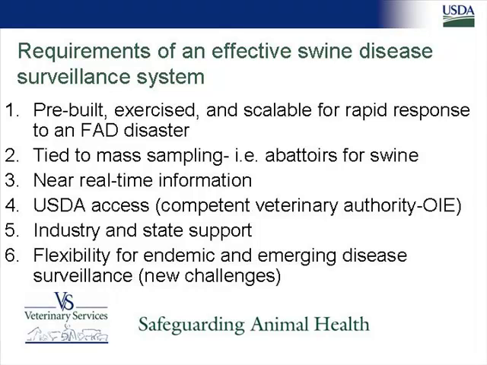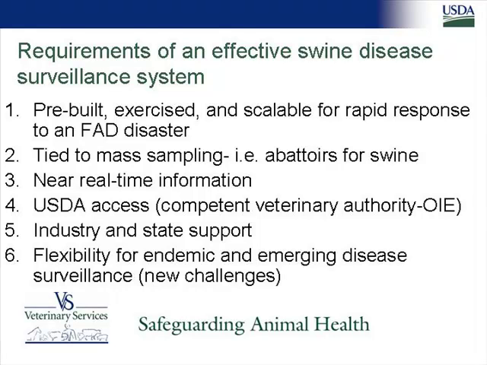The requirements of an effective swine disease surveillance means it needs to be pre-built, it needs to be exercised, it needs to be scalable for rapid response if there's a disaster. We need it to be able to tie to mass sampling, such as abattoirs. It needs to have quick turnaround, which is always difficult when we look at how strapped our labs and other data points may be.